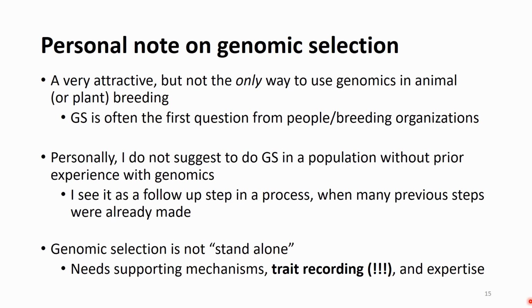Also, I want to highlight that the genomic selection is not some kind of a magic bullet or a standalone process that solves everything, and it actually needs a lot of supporting mechanisms.